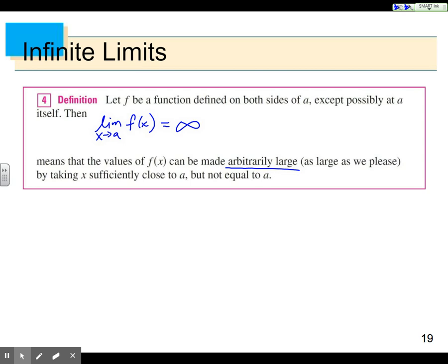We got large. We got up to 1 million. If we were to get even closer to 0, it would grow even more than 1 million. If we take x to be close to a, and we were taking x to be close to 0, not necessarily equal to a, though.